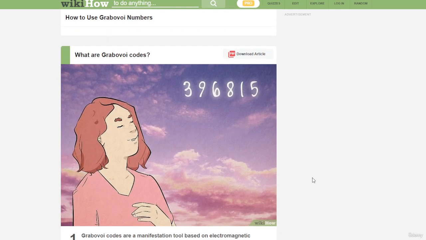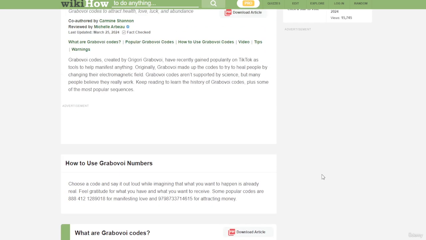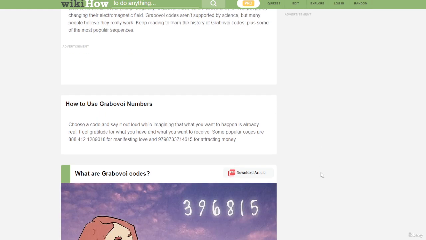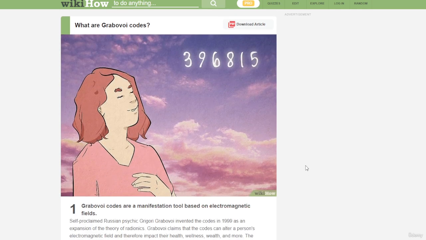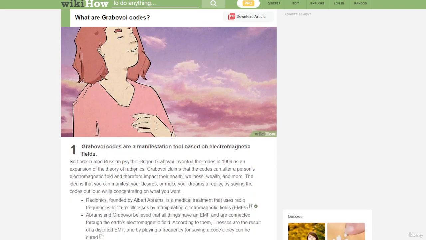Grabovoi codes were invented by a self-proclaimed Russian psychic in 1999 as an extension of the theory of radionics. He claims that the codes can alter a person's electromagnetic field and therefore impact their health, wellness, wealth, and more. The idea is that you can manifest your desires and make your dreams a reality by saying the codes out loud while concentrating on what you want. So that's EMF and whatnot.